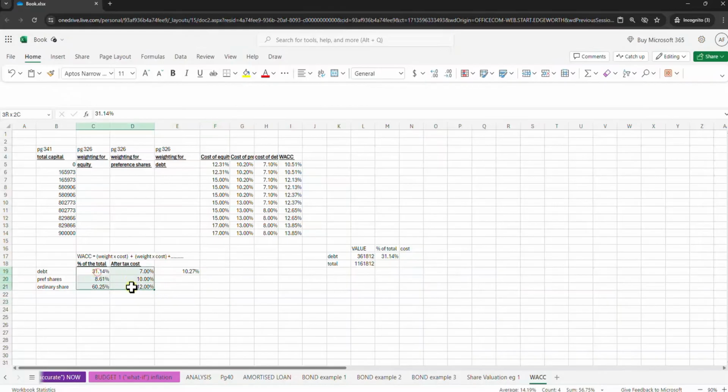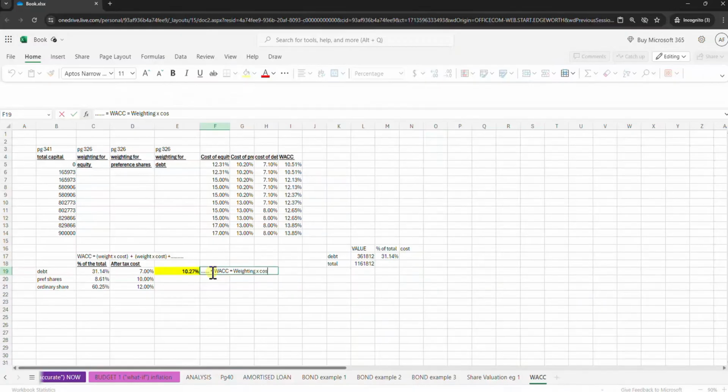This is looking at debt, equity, preference shares. So this 10.27 is looking at the weighting times cost plus weighting times cost plus weighting times cost plus weighting times cost. Does that make sense? In this scenario, look at the long formula.